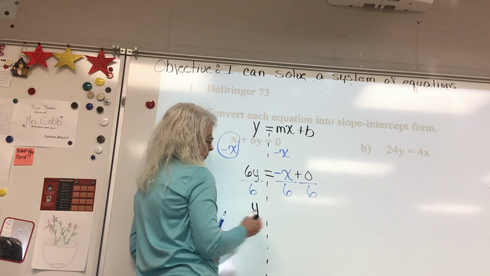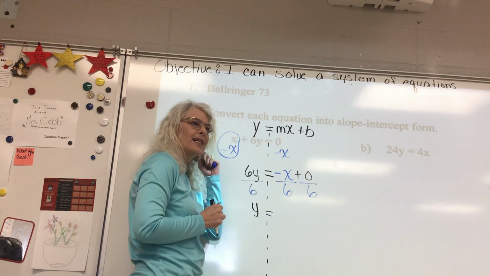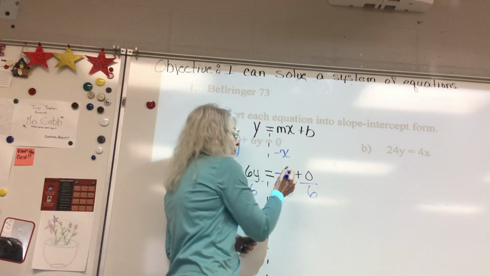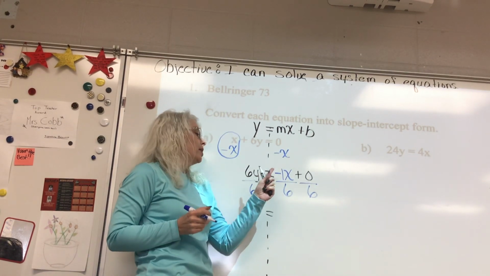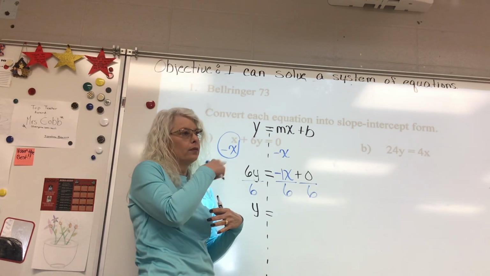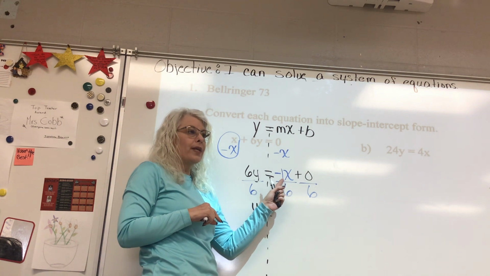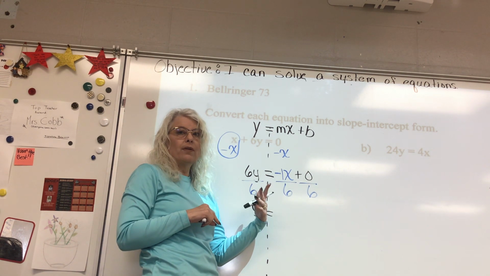y. Oh, we have a negative x divided by 6. What number is understood to be here? 1. Now, put your pencils down for a second. If you're solving this equation algebraically, finding the x and the y, you can go ahead and do negative 1 divided by 6 and come up with negative 0 point what?